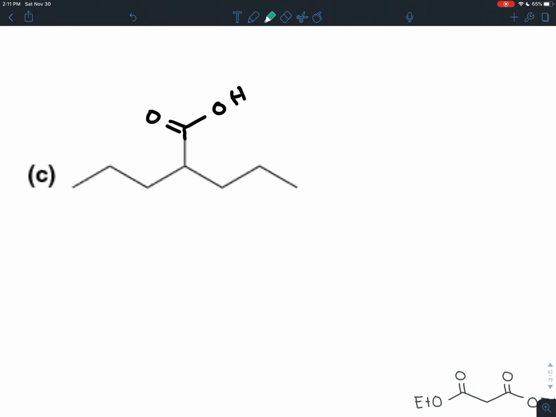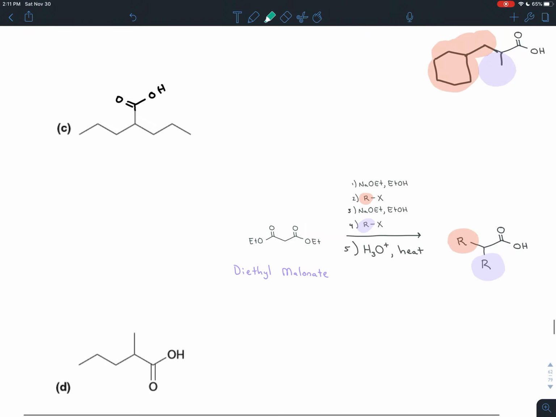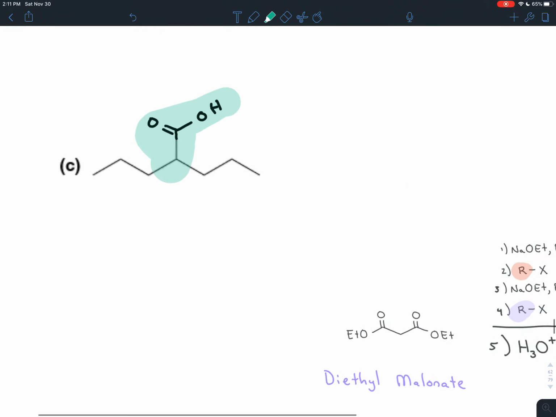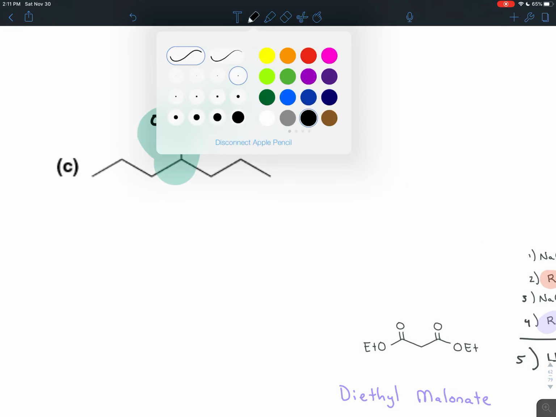So to do that, you remember that in the Malonic ester synthesis, you add 2 carbons and a carboxylic acid. So highlight that in your molecule. There's the 2 carbons in the carboxylic acid, and then erase those.